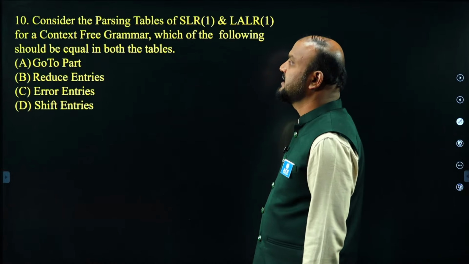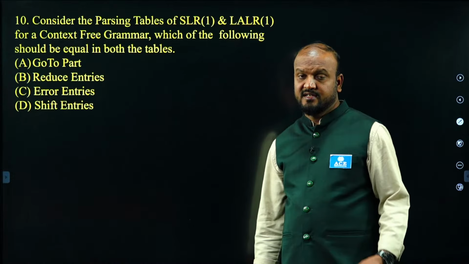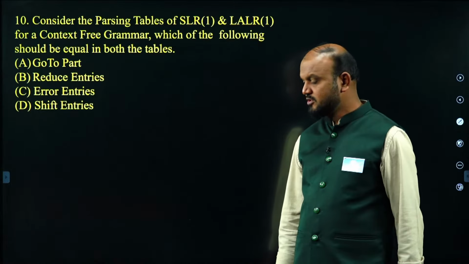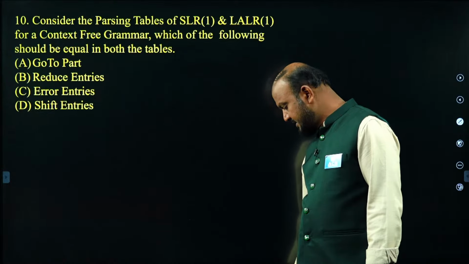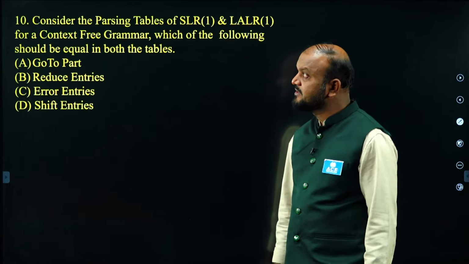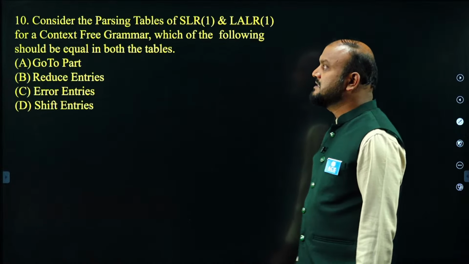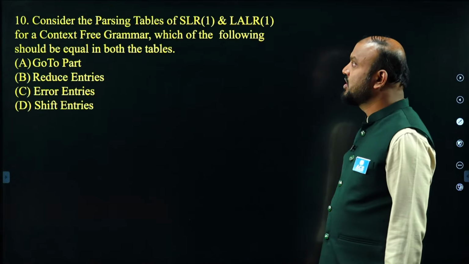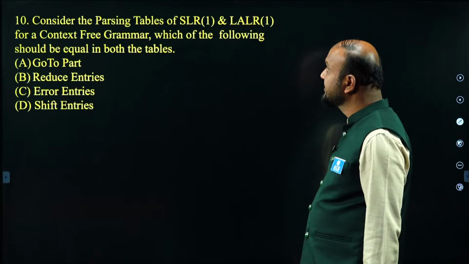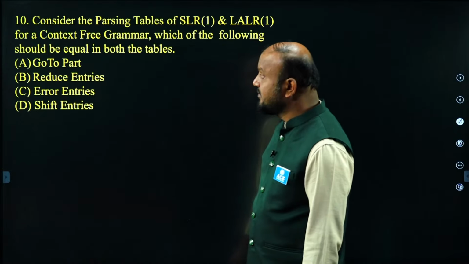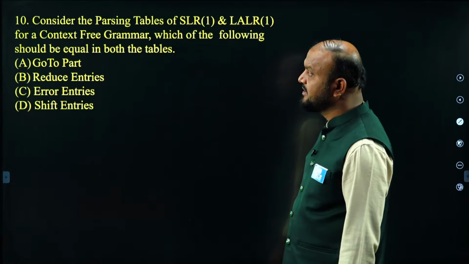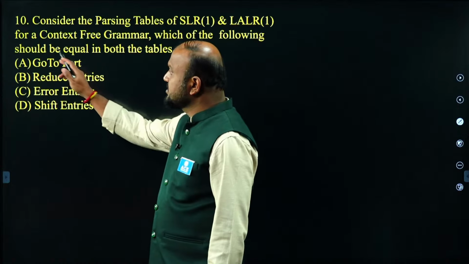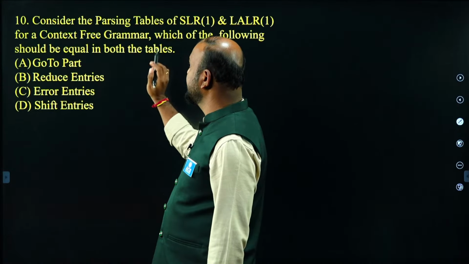It is a somewhat interesting question. Just look into it and understand what will be the answer. Consider the parsing tables of SLR of 1 and LALR of 1 for a context-free grammar. Which of the following should be equal in both the tables?